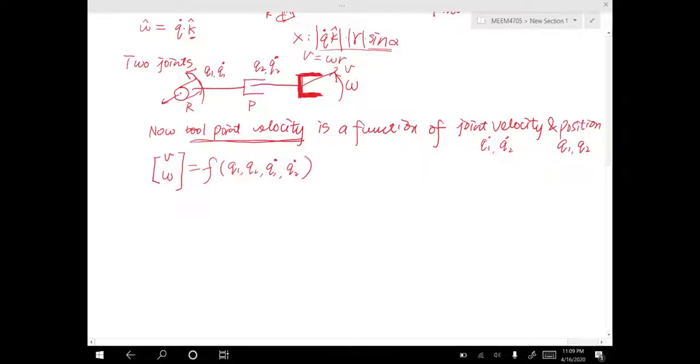Mathematically, we can also write it this way: a function of qi and qi dot, where qi means all the joints. It's easy to understand, right?